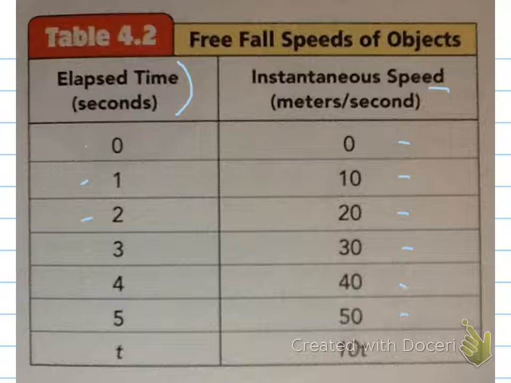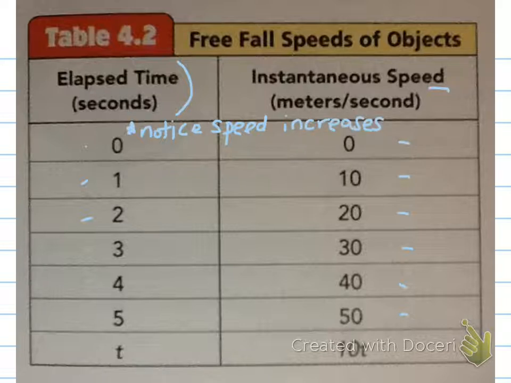So the first thing that I want you to write down and notice is that our speed increases each second. And how much is it increasing by? Notice it's constantly increasing by the same amount. It increases each second by 10 meters per second.